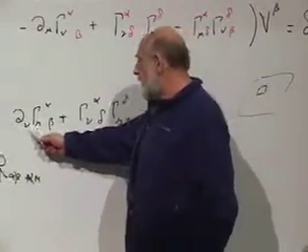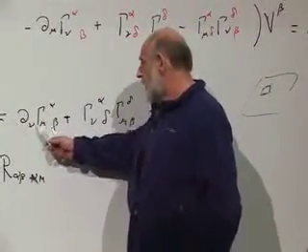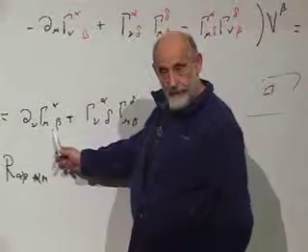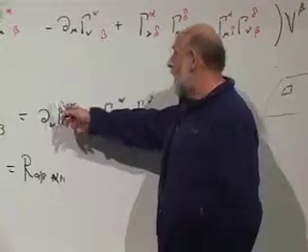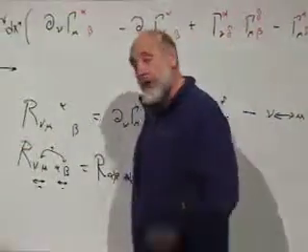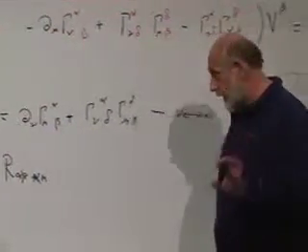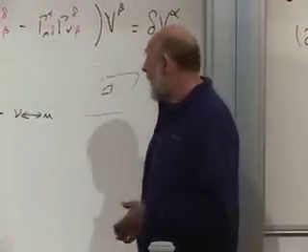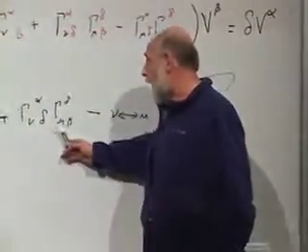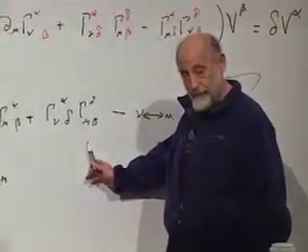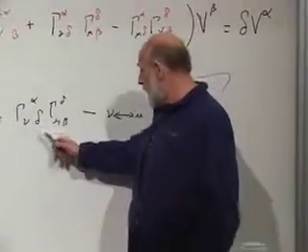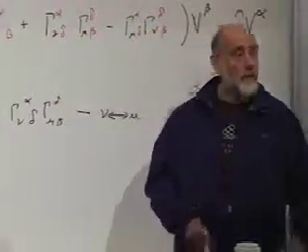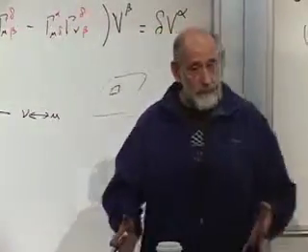That means that these terms here contain second derivatives of g. So the r's have second derivatives of the metric, and these terms here are quadratic in first derivatives. The gamma contains a first derivative. A gamma times another gamma contains a first derivative times another first derivative.